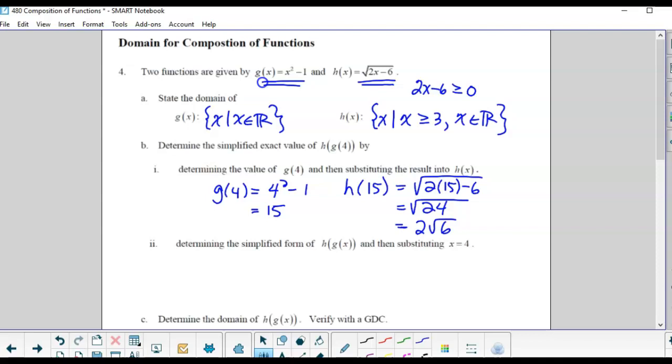And then the other method is finding the simplified form of h of g of x. So h of g of x would be root of 2 times x squared minus 1, minus 6.